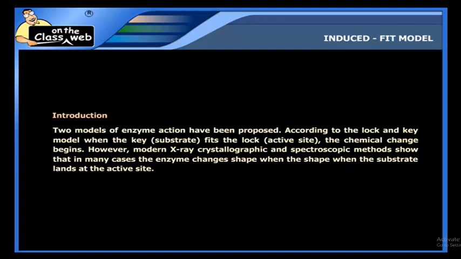But the active site, the enzyme, doesn't change shape. However, modern X-ray crystallographic and spectroscopic methods show the induced fit model, where the enzyme changes shape when the substrate lands at the active site.